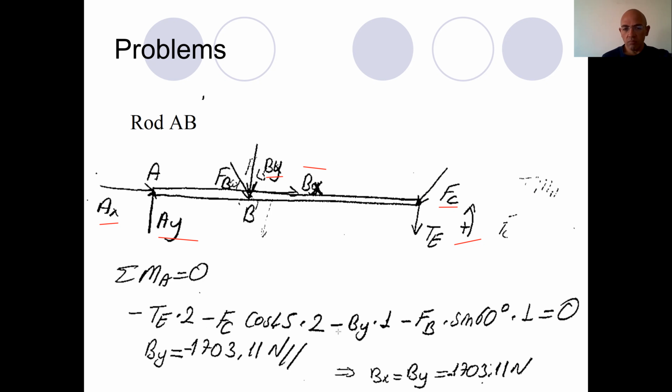So we have the By multiplied by 1, minus FB sine 60 multiplied by 1. And this has to be equal to 0. Now in this expression, the only unknown is By. So By is equal to minus 1703.11 newtons.